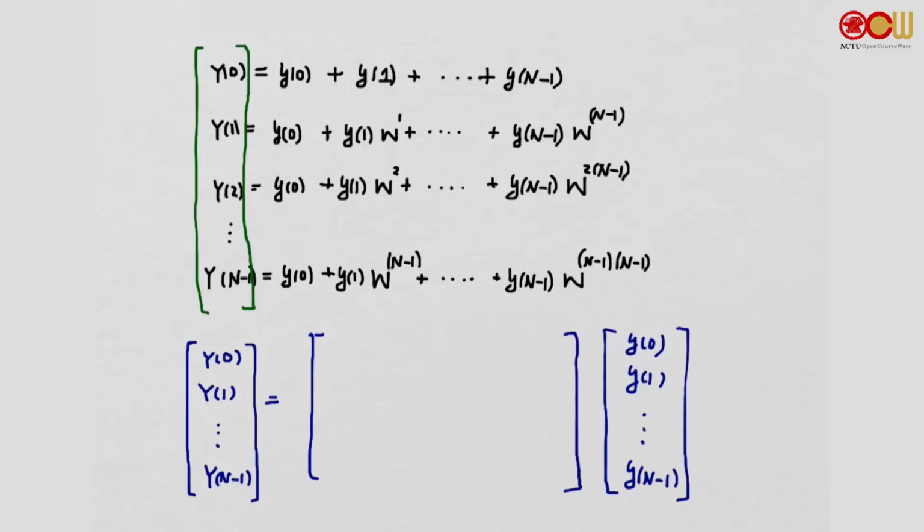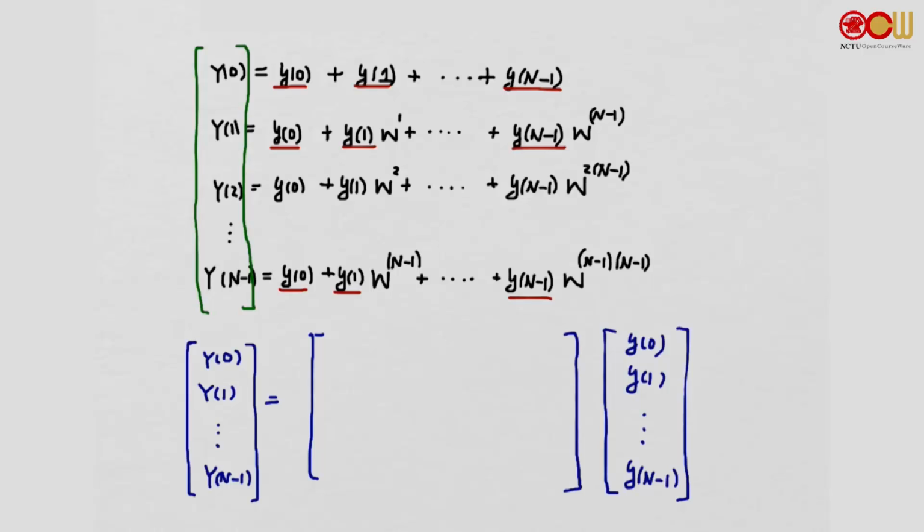The second equation is also a linear combination of y0, y1 to yn minus 1, and every equation is a linear combination of y0, y1 to yn minus 1. So each DFT point is a linear combination of y0, y1 to yn minus 1.